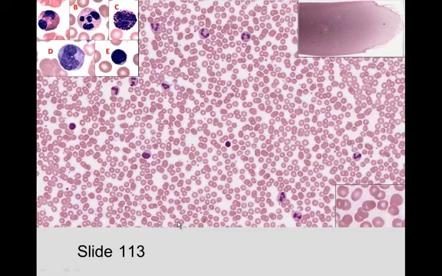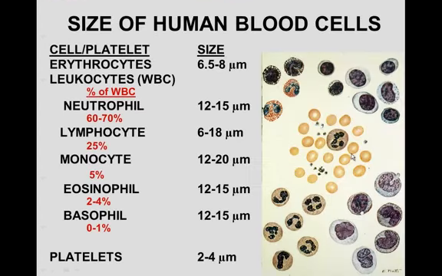So if we look at one of our slides, 113, and have these slides up here as a reference, we can see that these cells here are indeed neutrophils, monocyte, and then these guys are lymphocytes. Three more neutrophils here.